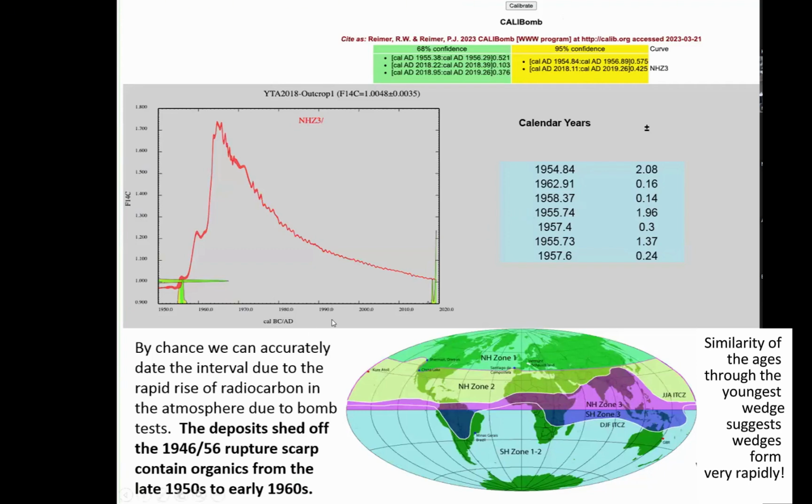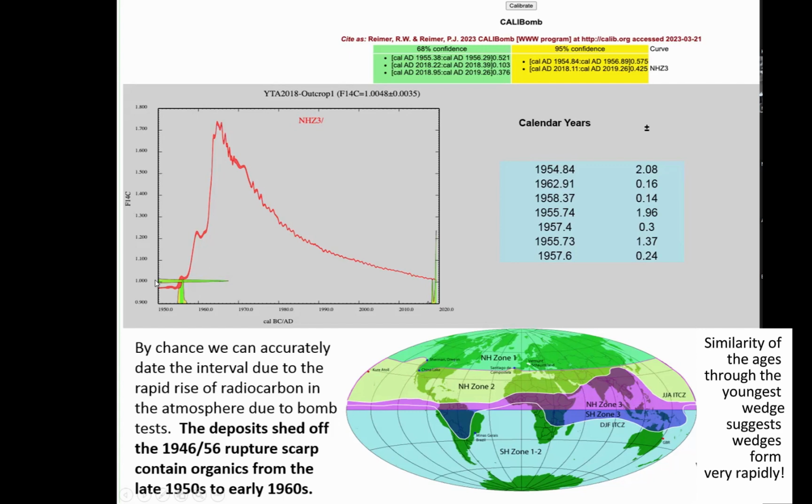Now, we're quite lucky with the 1946-56 sequence because during the 50s and 60s, this is a plot of radiocarbon in the atmosphere versus time. The Russians and the US were blowing up all kinds of H-bombs and nuclear devices, and they filled the atmosphere with radiocarbon.